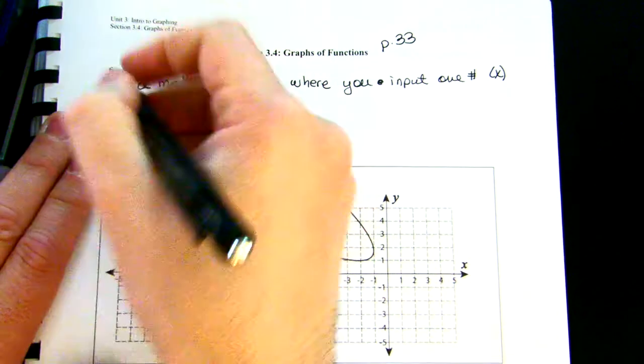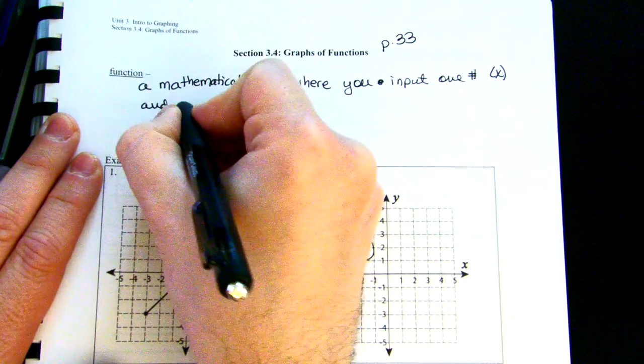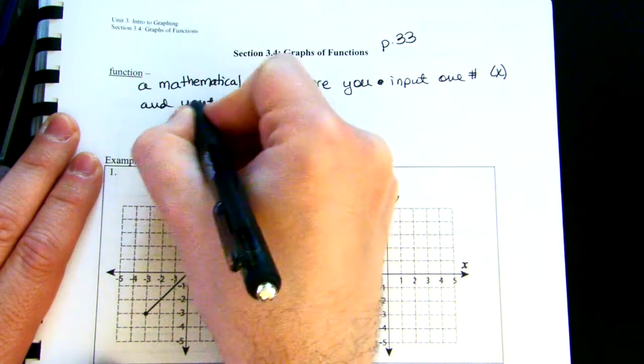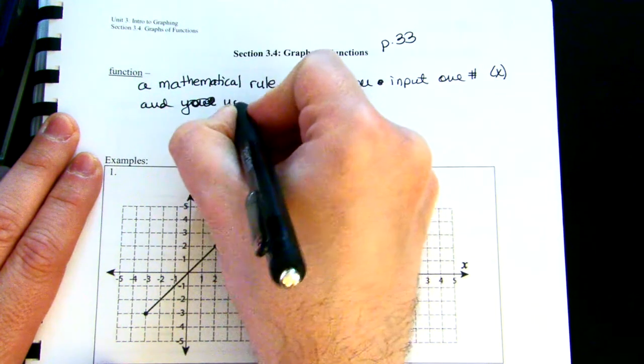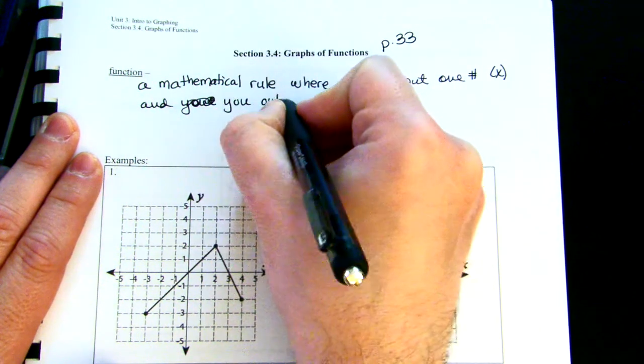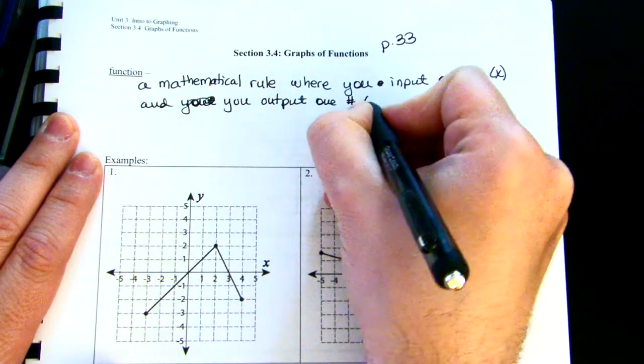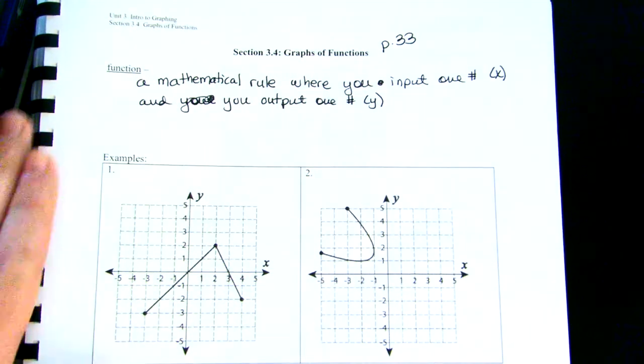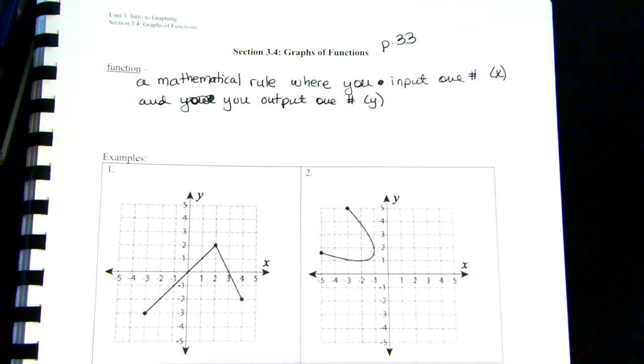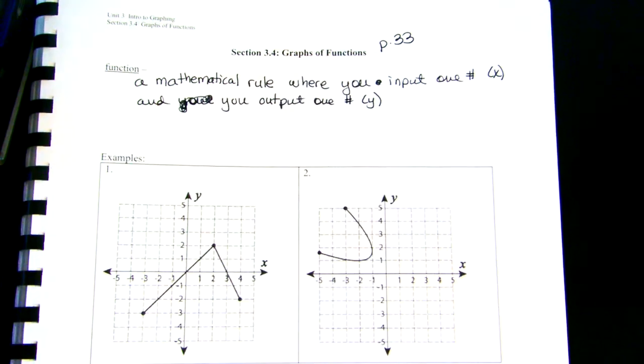I told you what x was. And you output one number. And I'm going to call the number you output y. Take a moment, copy that down. A mathematical rule where you input one number, the x, and you output one number, the y.